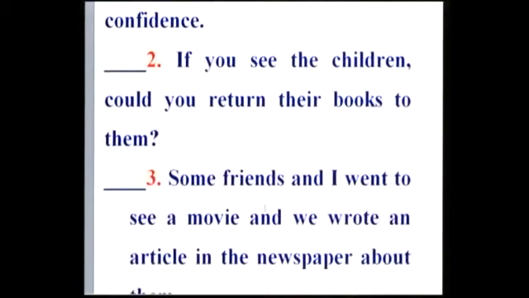Let's look at number 2. If you see the children, you is the subject, see is the verb. If you see the children, could you return their books to them? Their is a possessive adjective followed by the noun books, it's correct.